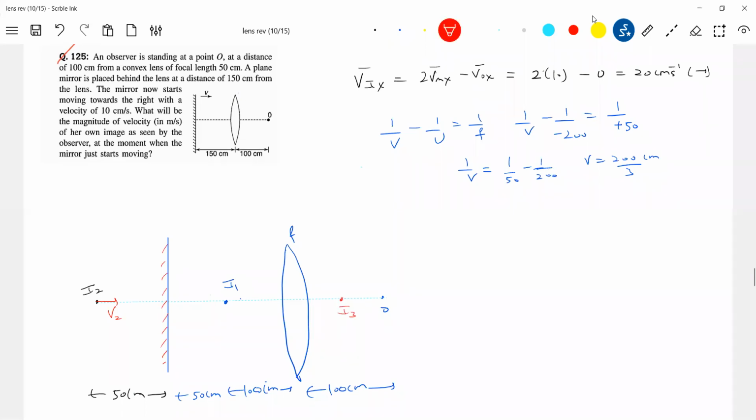He's asking what is the velocity of this image I3. With what speed will this image be moving? I think this is our question, no? Okay, how to calculate this? I'll use the formula: V3 is equal to v squared by u squared times V2.